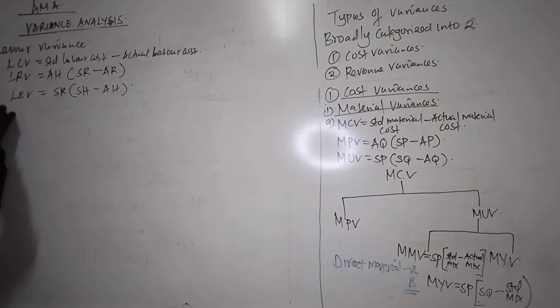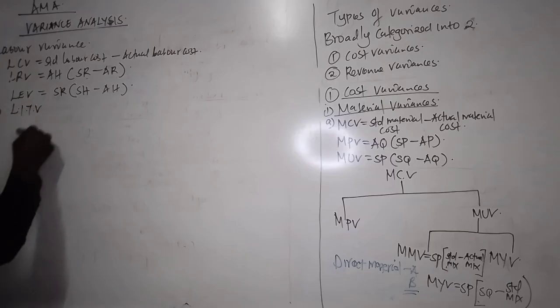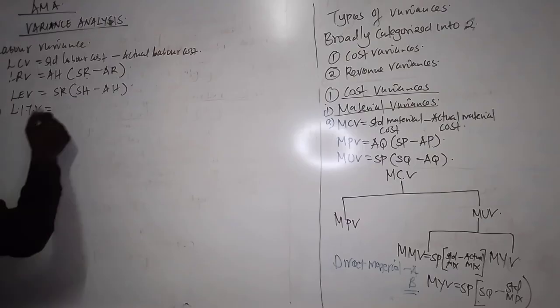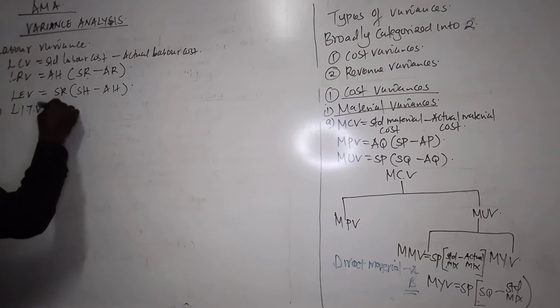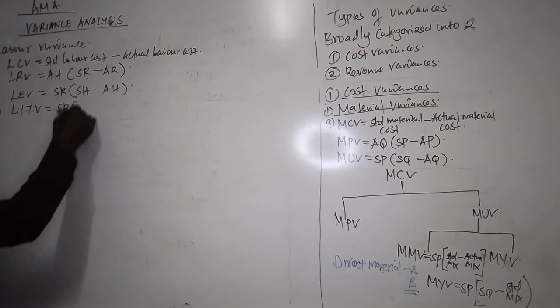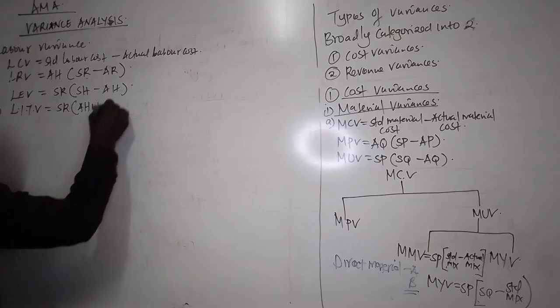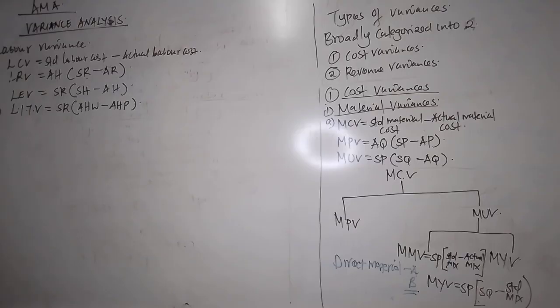Other than that, we can talk about the labor idle time variance. The labor idle time variance will be given by the standard rate into actual hours worked, then you raise the actual hours paid.